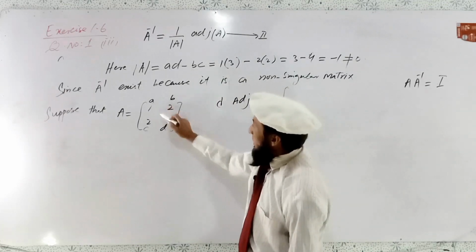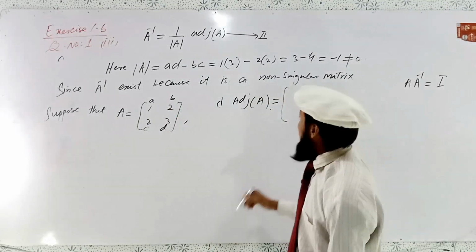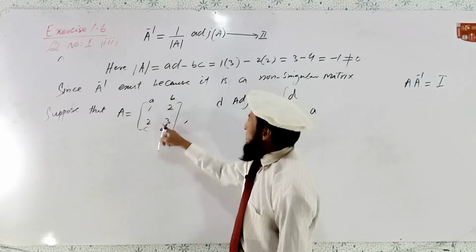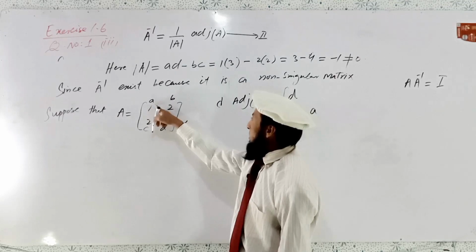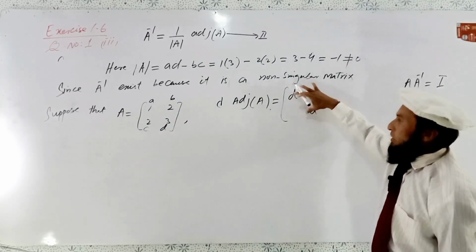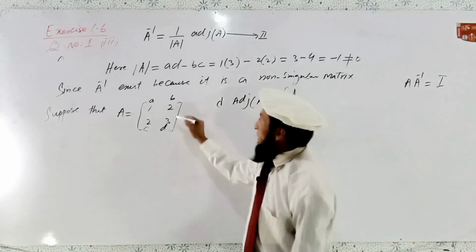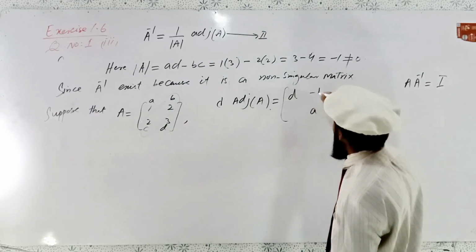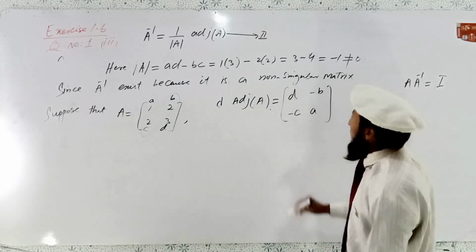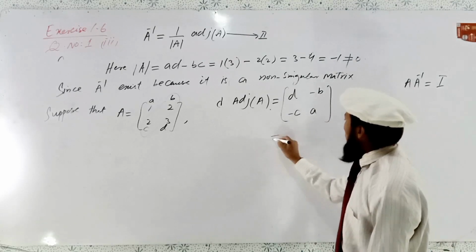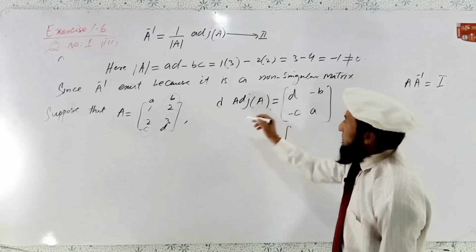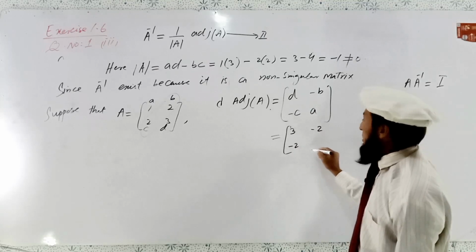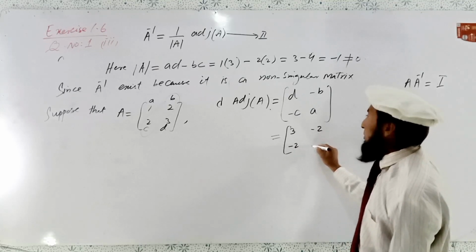The positions of A and D are interchanged, so in place of A we put D and in place of D we put A. But the signs of B and C are changed, so we write minus B and minus C. This is called the adjoint of A. Now we put the values: in place of D we put 3, similarly minus 2 and minus 2, the sign is changed, and in place of A we put 1.